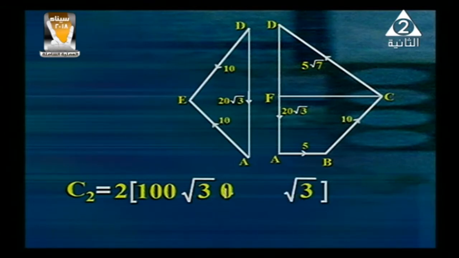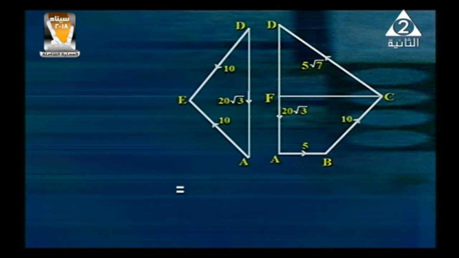The second area, the area of the trapezium, base 1 plus base 2 over 2 times height, equals 150 root 3. Then the second couple is 2 times bracket containing 100 root 3 plus 150 root 3, times 1 over 2. After that, C2 equals 250 root 3.